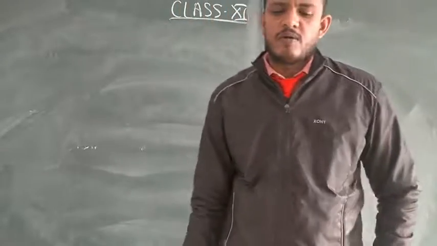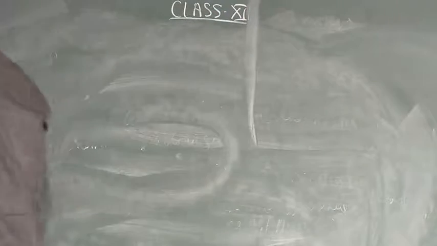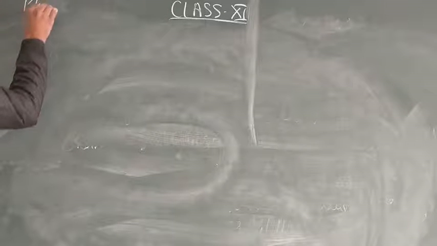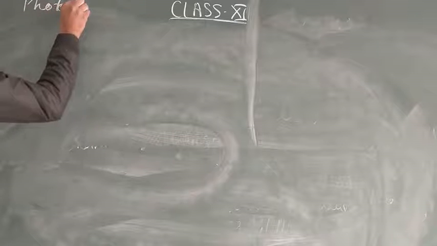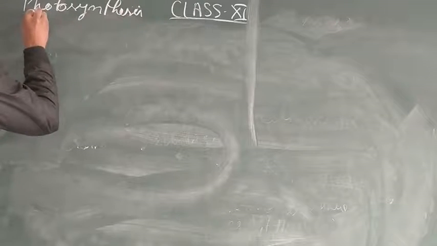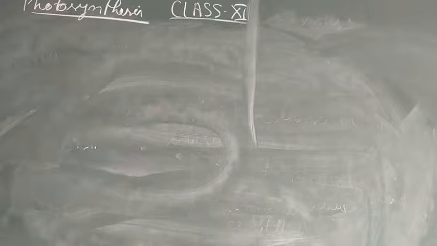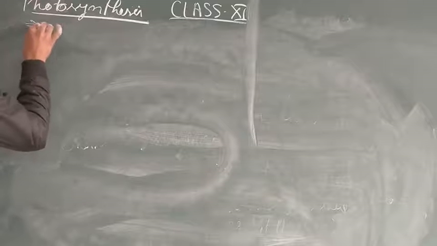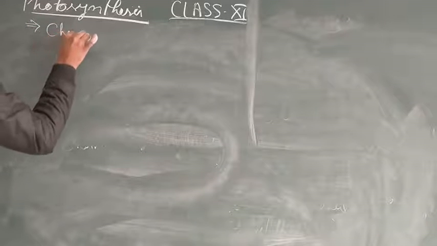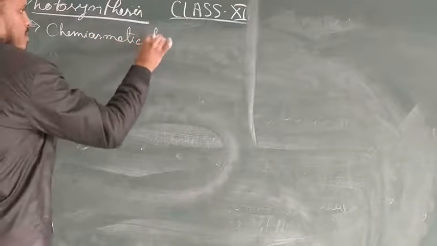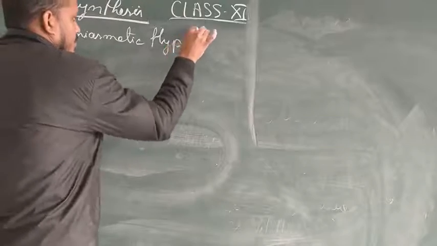Our chapter is photosynthesis, and in this chapter, what we are going to discuss is the chemiosmotic hypothesis.